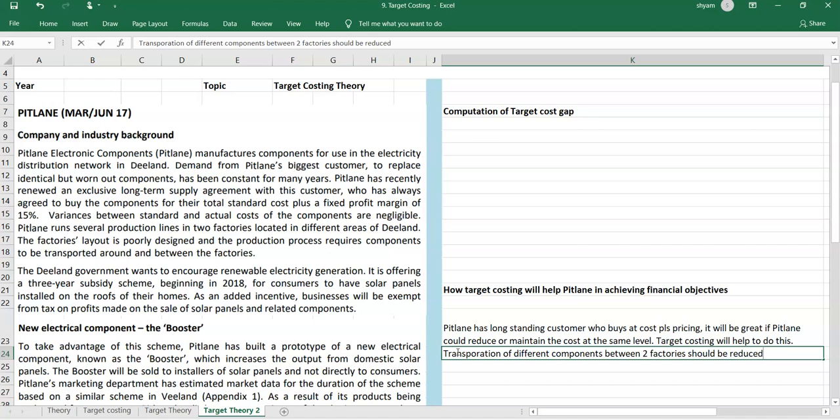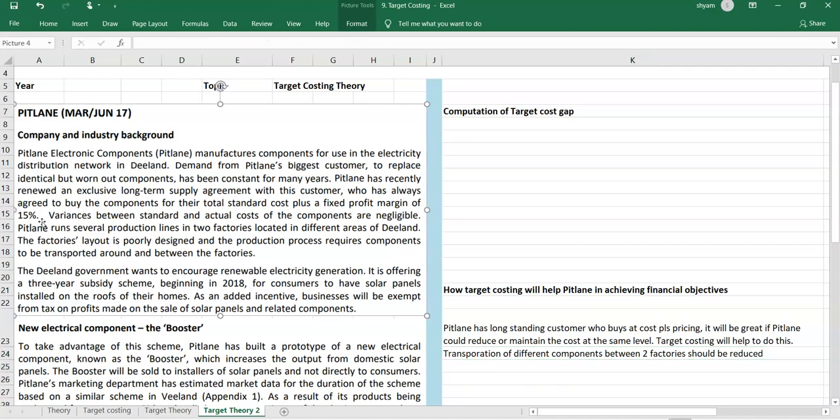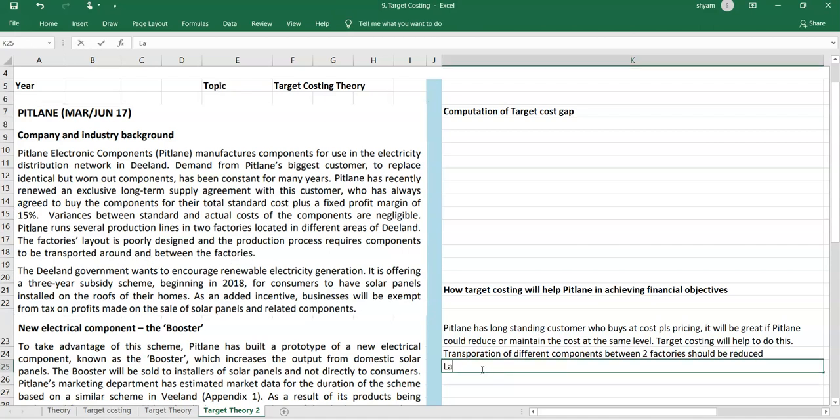The movement from here to there and from there to here should be reduced so that the cost can be reduced. The factory's layout is poorly designed and the production process requires components to be transferred among and between the factories. So again we can put it like this: layout of factory has to be improved.